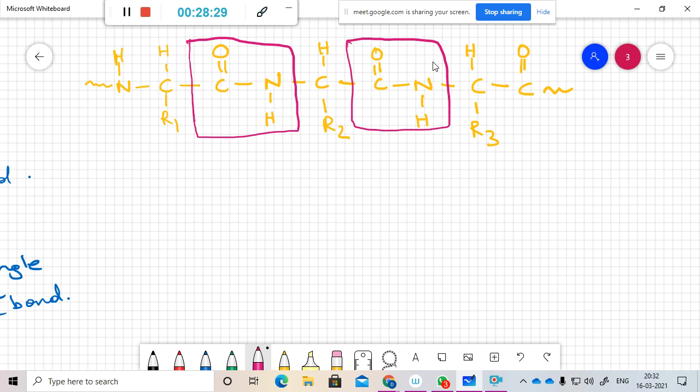So this region is rigid, they lie in a single plane, there is no rotation over here. This can rotate, this rotates, the CC rotates and CN rotates.